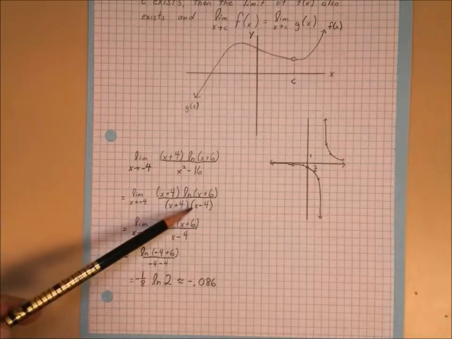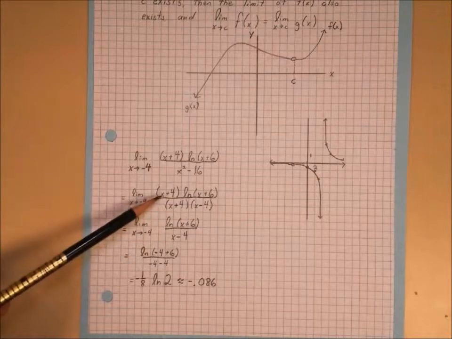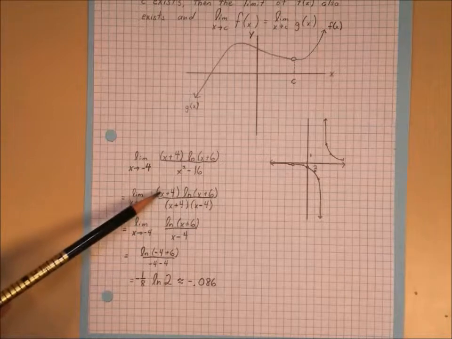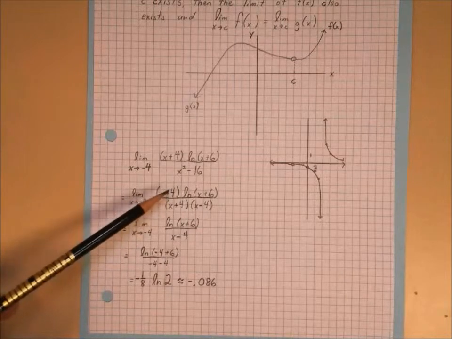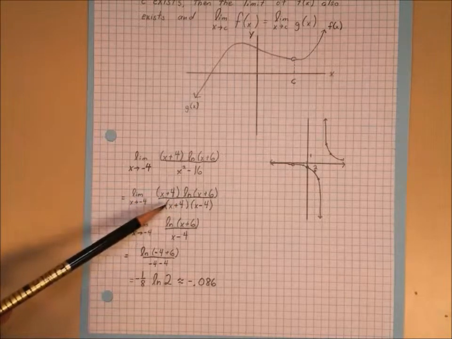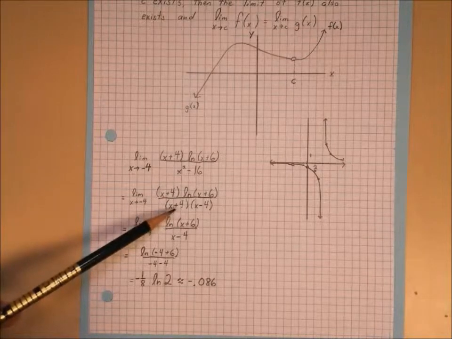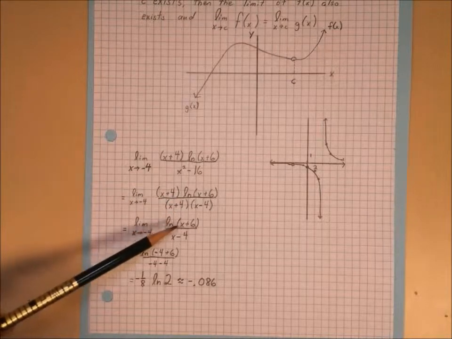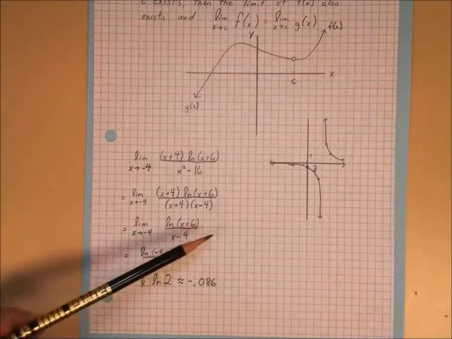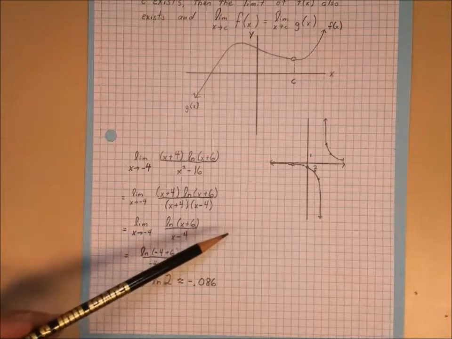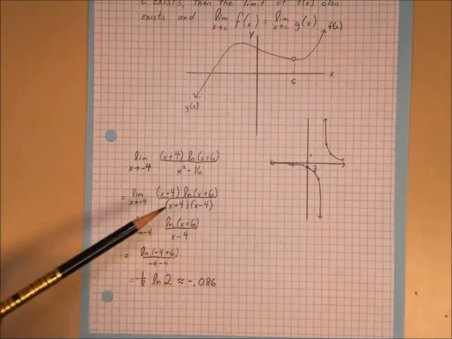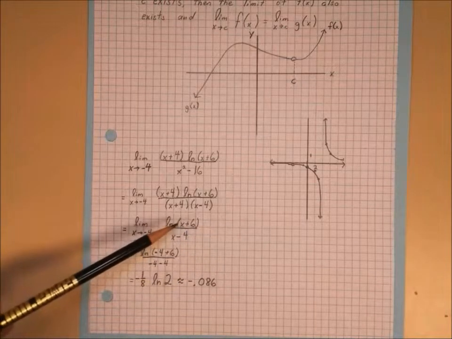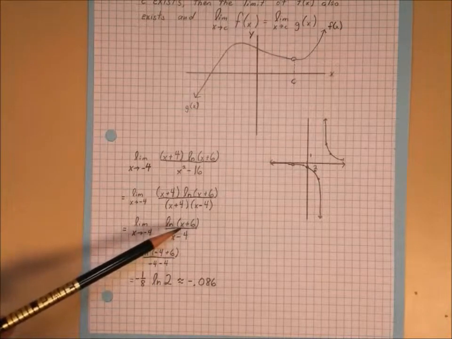Now what's very unique about this situation is that there is an x plus 4 in the numerator. So for that reason, I could strike this out. Now normally in your algebra class, if you did that, you would have to make a statement where you could simplify it to natural log of x plus 6 divided by x minus 4, and you would have to say where x is not equal to -4, because this is a different function at -4.